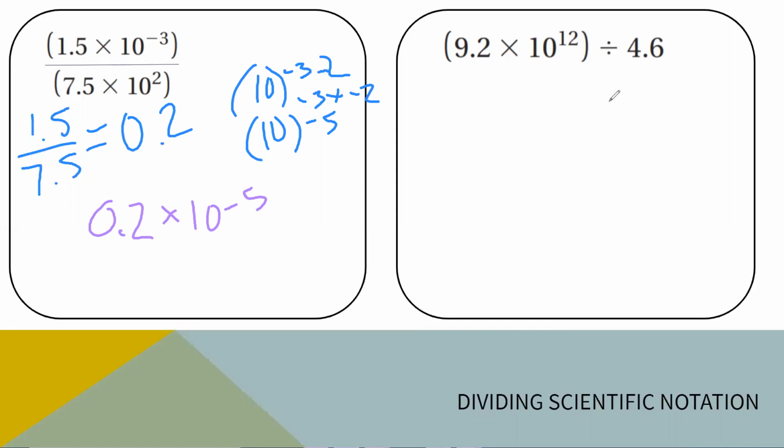Now we're going to check to make sure that that number is written in scientific notation, and it currently isn't, which means we have to make this factor into a number that can be considered a factor in scientific notation. Since I moved that decimal place over 1 to the right, that got my number 1 bigger, which means that I need to get my exponent 1 smaller. So I'm going to subtract 1 from there.